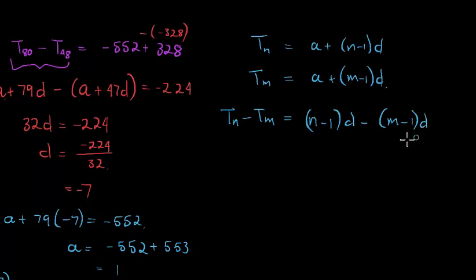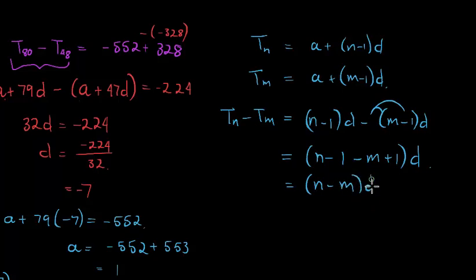Now I take d out as a common factor, so I get (n minus 1 minus m plus 1)d. You see where I get the minus m plus 1 from? So this simplifies to (n minus m) times d, and so d is equal to (Tn minus Tm) divided by (n minus m).